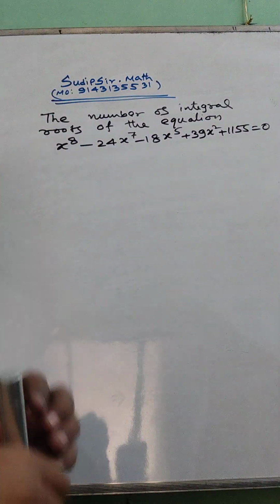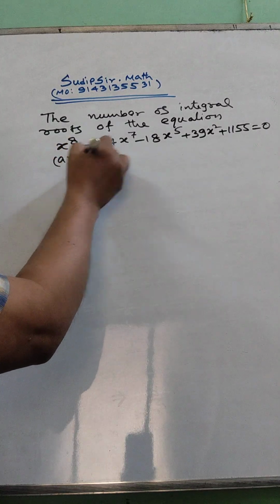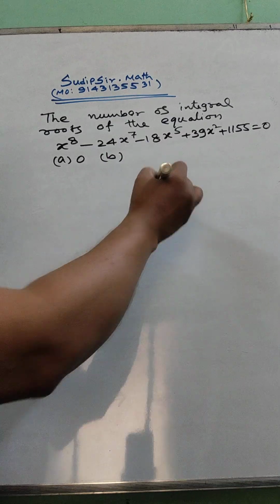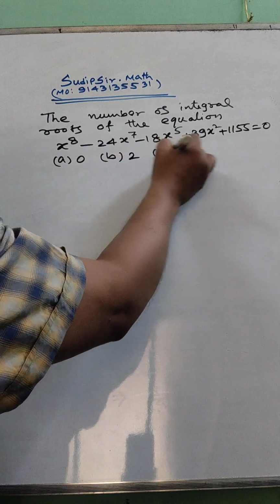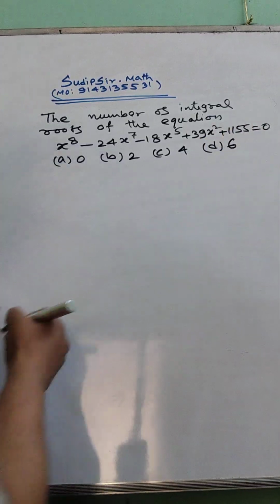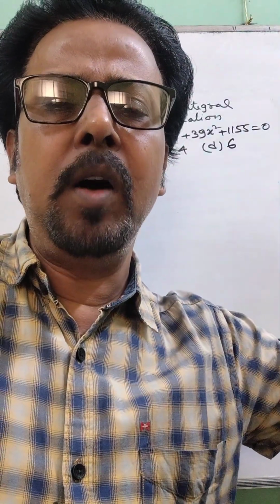So the number of integral roots is required, and options are given: a equal to 0, b equal to 2, c equal to 4, d equal to 6. So number of integral solutions is required, that is how many integral solutions are possible.